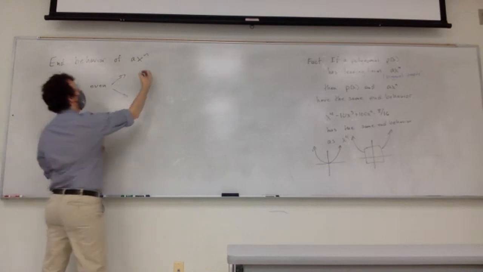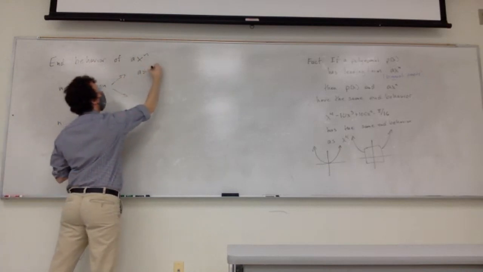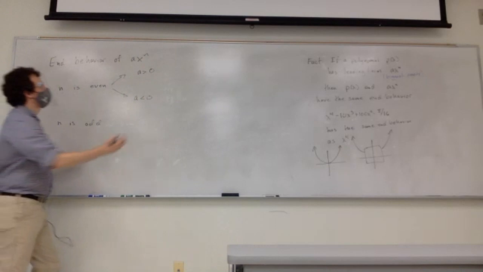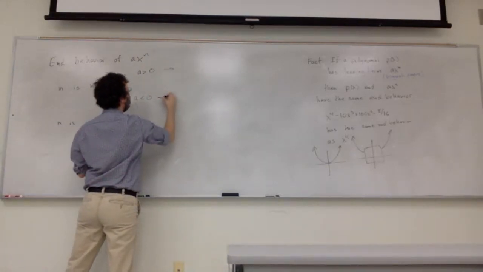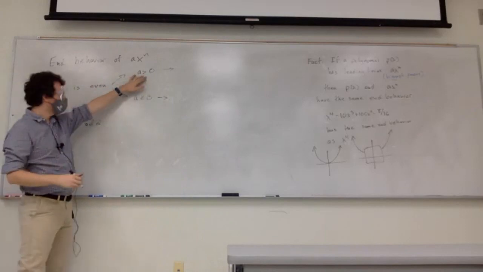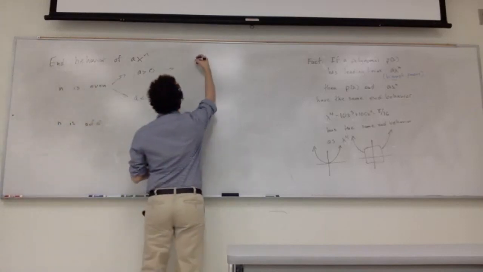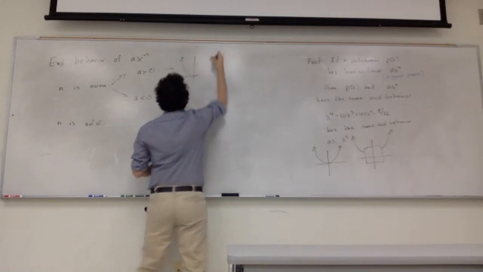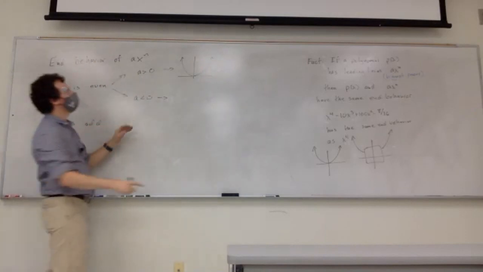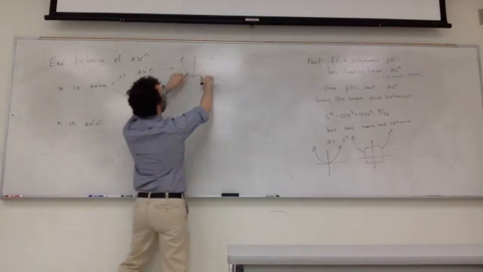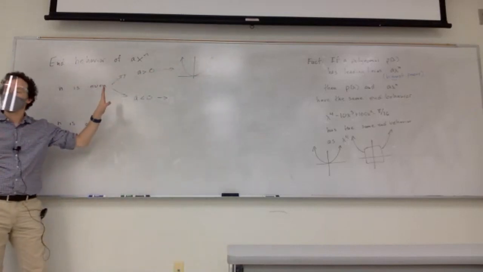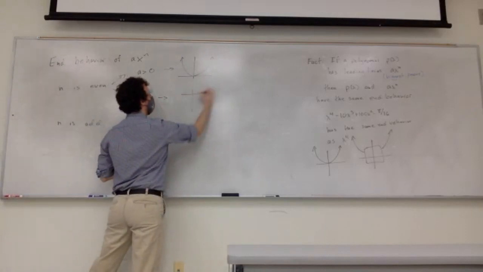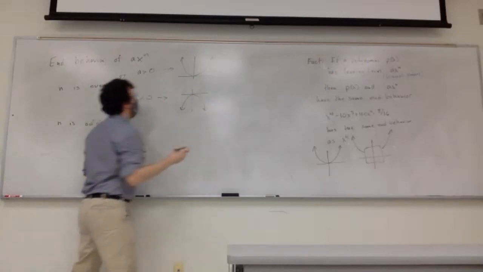And then it splits into two cases. Is the coefficient in front positive or negative? If you're even and positive, you look basically like x squared. If you have higher powers of x, you're a little flatter on the bottom and a little steeper on the sides, but you still look like this. And if you multiply by a negative number, you're this, but flipped upside down.